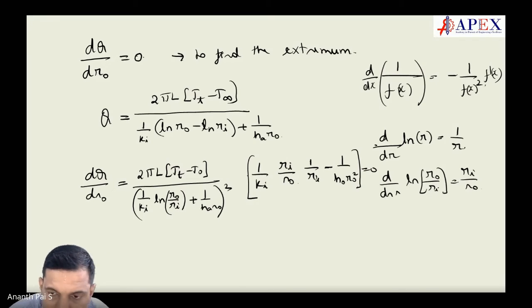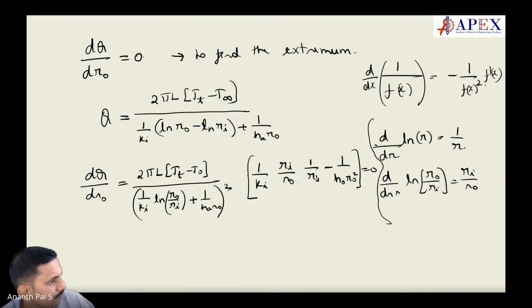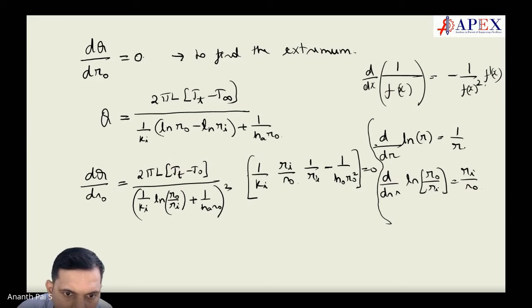Make sense? 1 by h a r naught is there. So the same thing, minus 1 by f of x square into f dash of x, with ri, because you have again r naught by ri. Clear? Differentiation is clear, everybody?